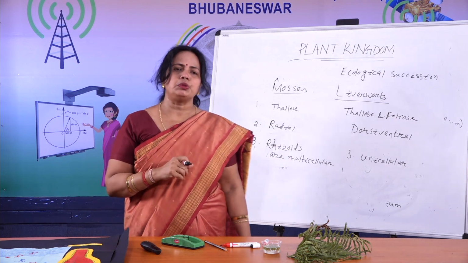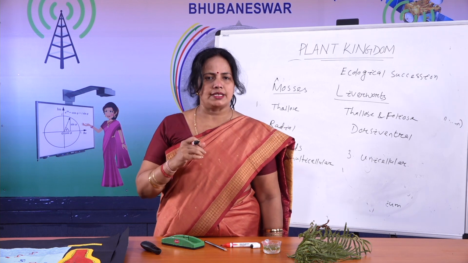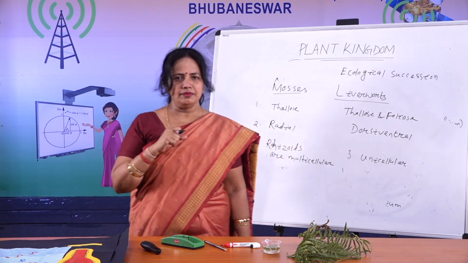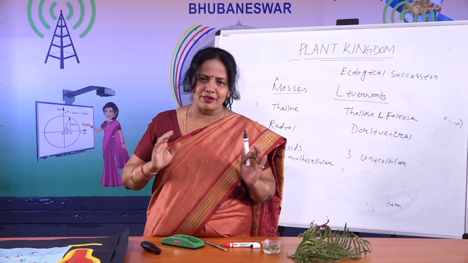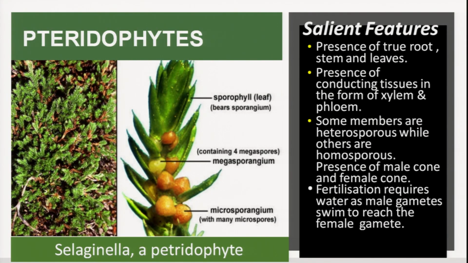So, now I will proceed to the next group of plants, that is pteridophytes. Pteridophytes definitely must have some advanced features. Bryophytes lack the vascular tissues, so pteridophytes have the vascular tissues. Really, this step is a very important step in the evolution of plants.